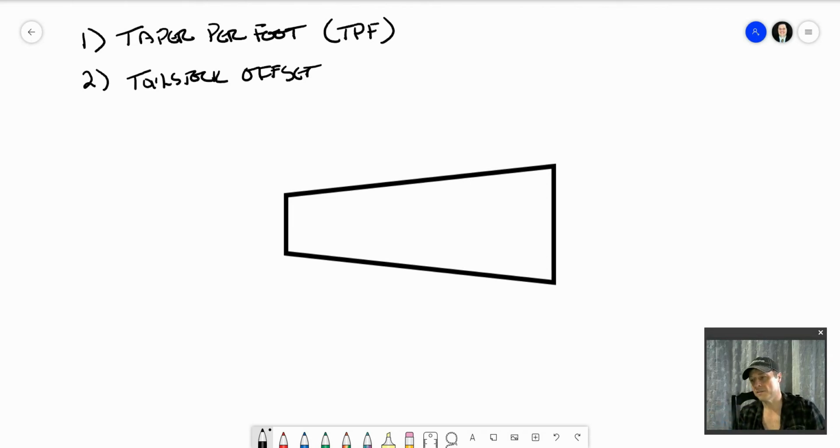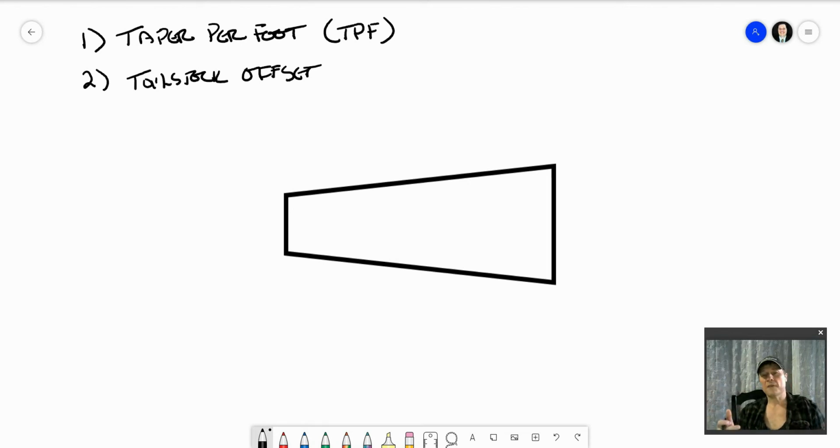Tailstock offset is about setting up the machine. It's about how to adjust the tailstock in or out. And as you adjust the tailstock in or out, obviously the part has to be supported in the tailstock, right? So if the part is supported in the tailstock and you push the tailstock away, you're going to push the part away at the tailstock end.